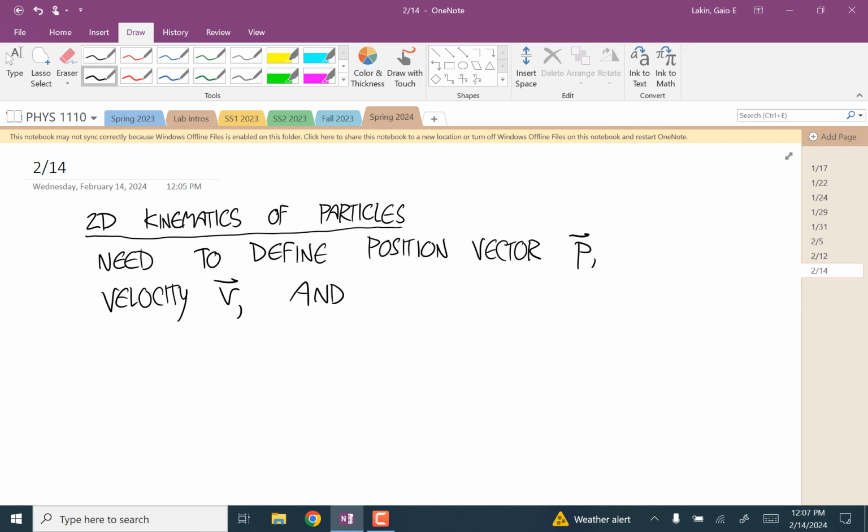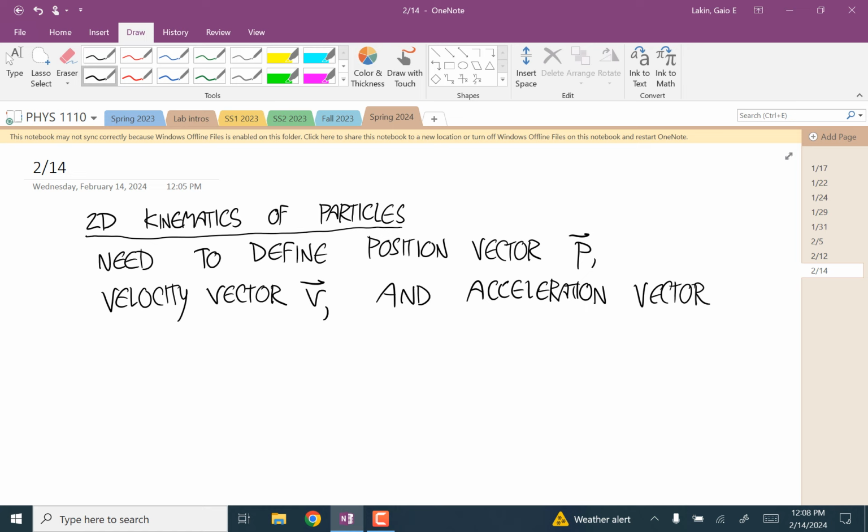And the acceleration vector, A with a vector symbol.